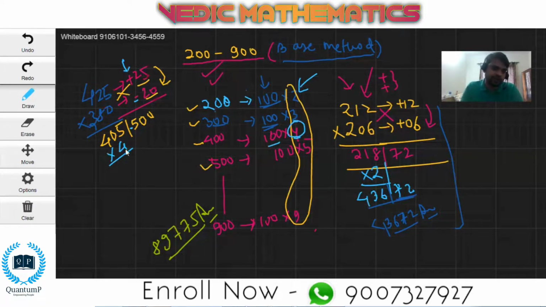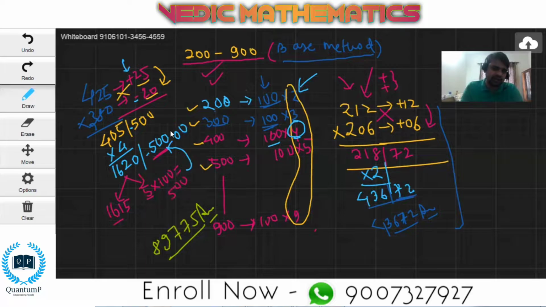So 405 into 4 is 1620, and minus 500 is on the right hand side. As there is a minus 500, this will split into 1615 and 5. 1615 plus 5 is 1620. This 5 will be multiplied by 100, which is 500, and that 500 will be subtracted from 500, which is 00.